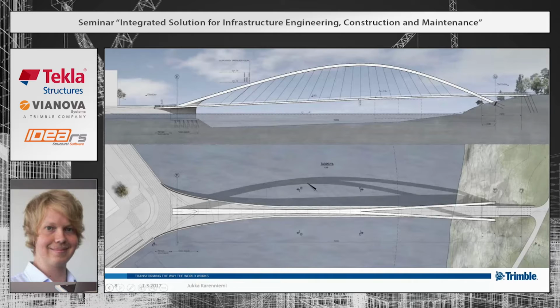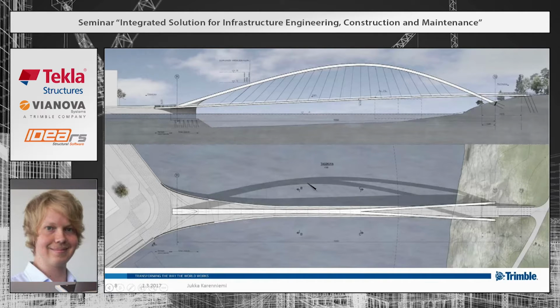Some basic information of the bridge. The main span is 144 meters and the total length is about 160 meters. And as you can see, the foundation conditions here are quite different on each support.